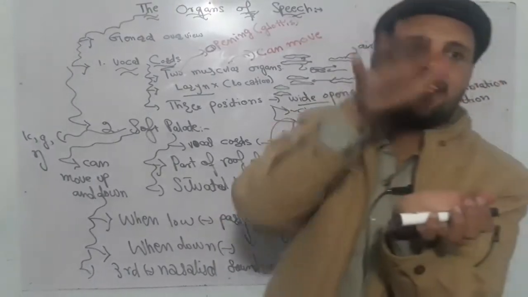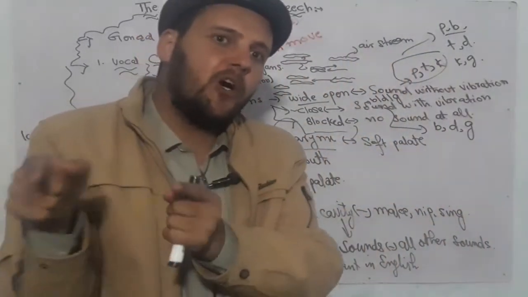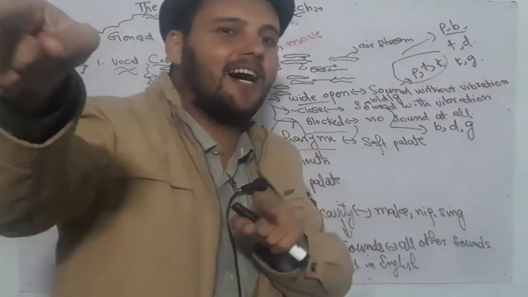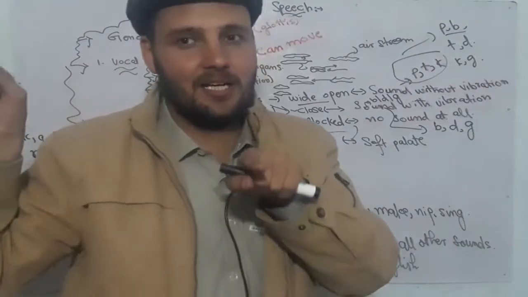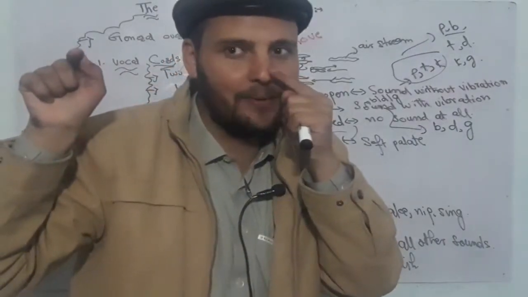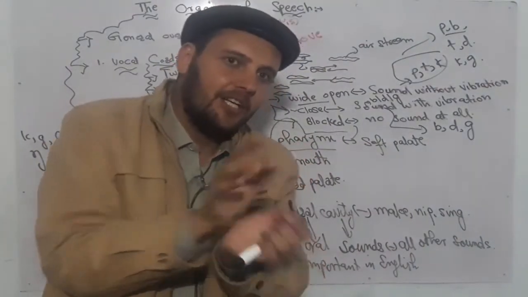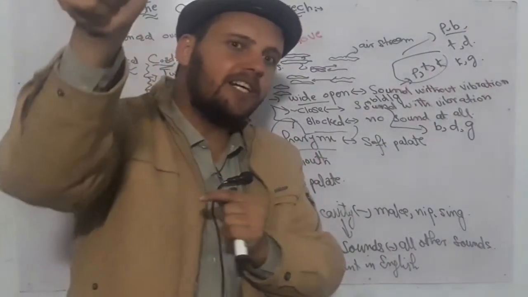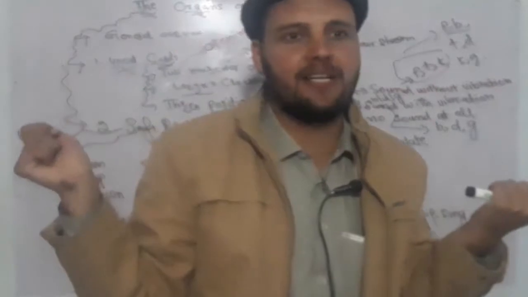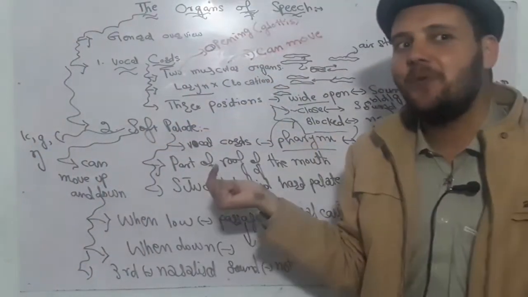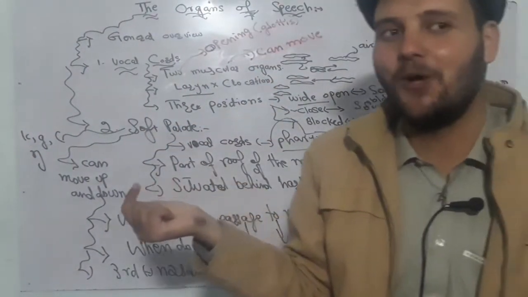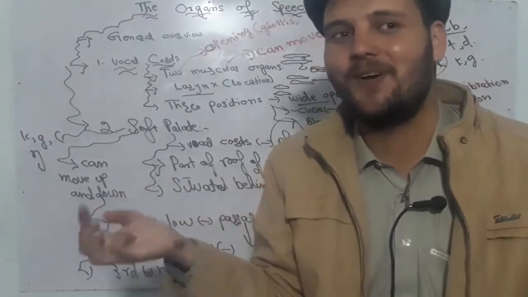When the soft palate is in the low position, the way towards the nose is open. When it is lowered, the way towards the nose remains open, so then we have sounds that are produced with the nose. And what are those three sounds?